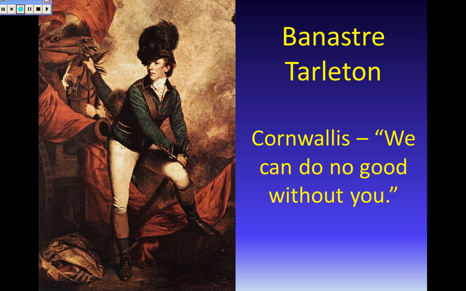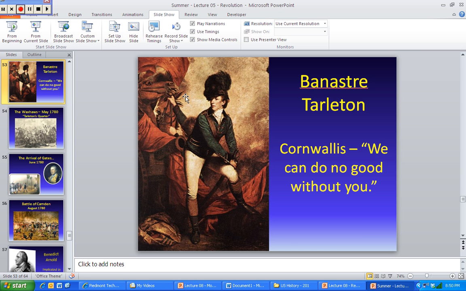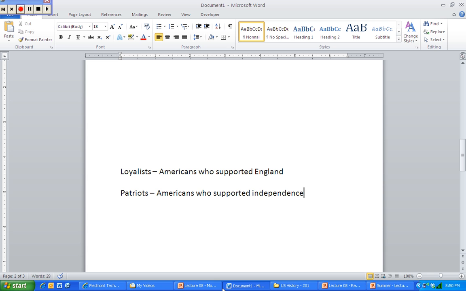And Tarleton is a nasty guy. But he heads up the cavalry. The cavalry are the troops on horseback, and people get those things misspelled all the time. Cavalry. Oh wait, I just got it backwards myself. Calvary is the hill where Jesus died.